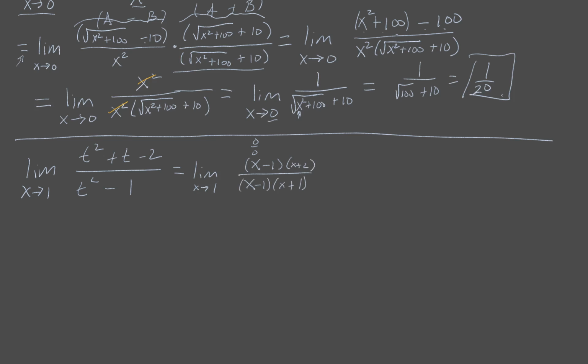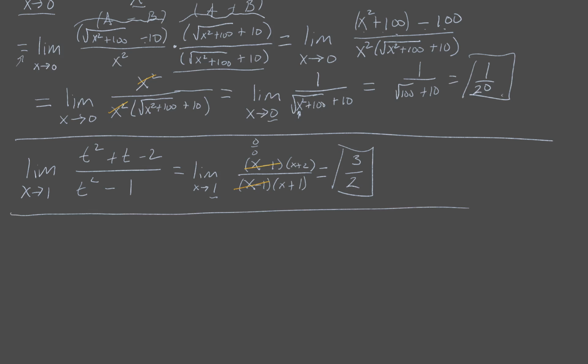Okay, and it looks like some stuff cancels. This x minus 1 and that x minus 1, they get to cancel. Okay, now if I plug in 1, nothing goes wrong. I don't have division by 0 or anything, so I can plug in the 1 here, and I end up with 3 on the top and 2 on the bottom. So this limit evaluates to be 3 halves.